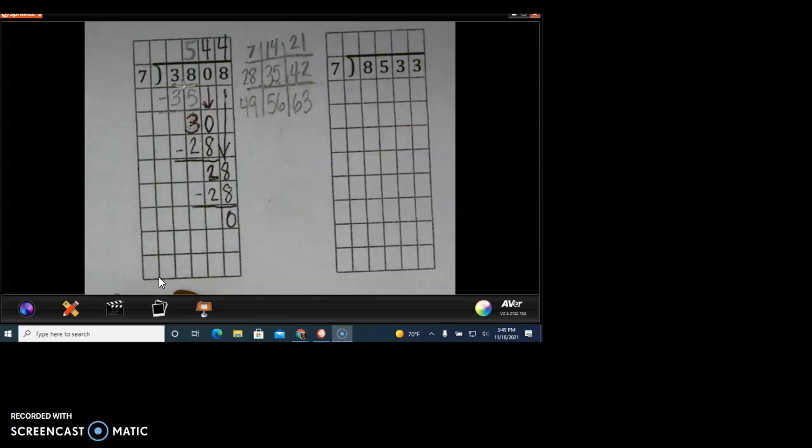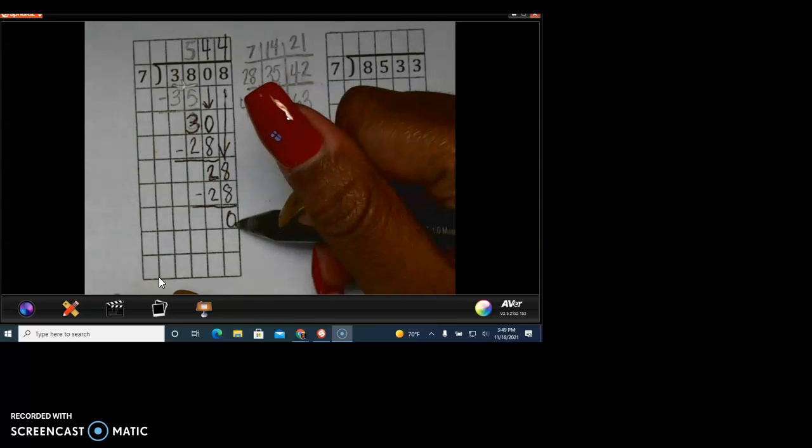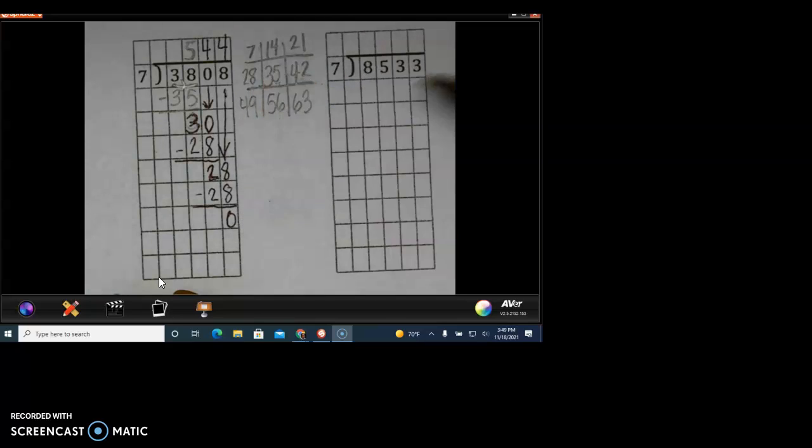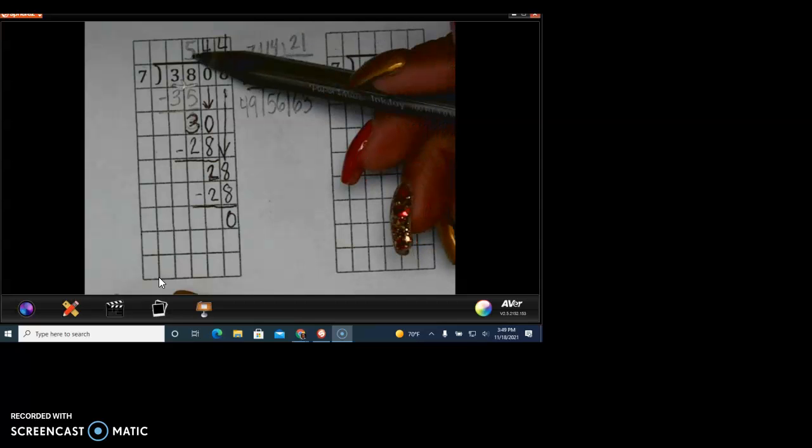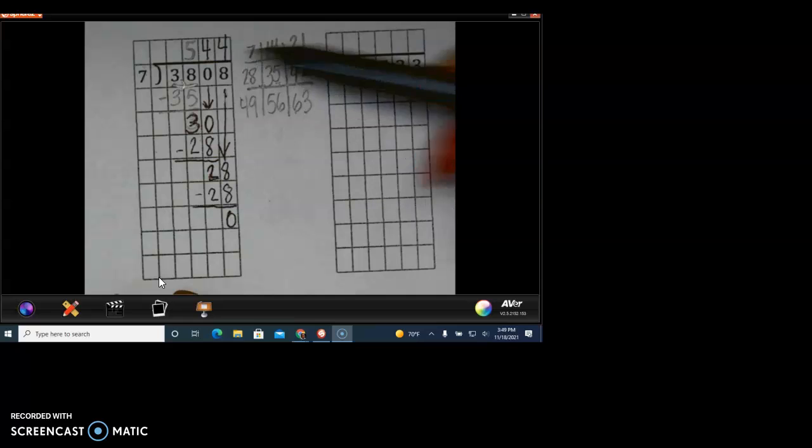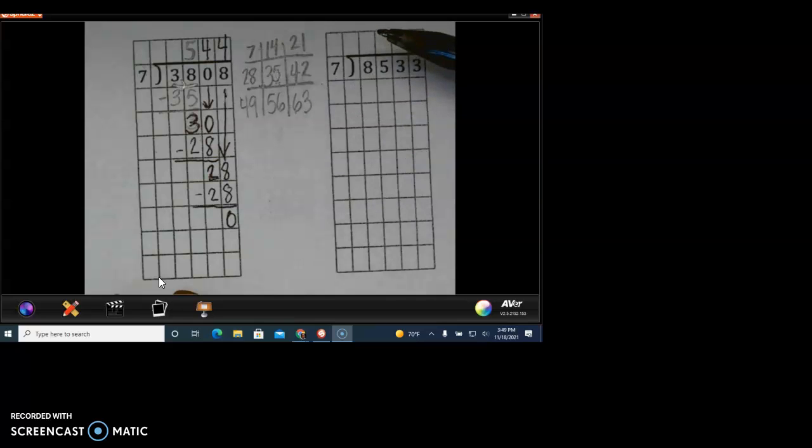I subtract that and I get 0. When you subtract, you should also end up in this same square if you're using this grid paper. Take a moment and go back and think about, how did I get to 544 as my answer? If you need to rewind the video, go ahead and rewind it.